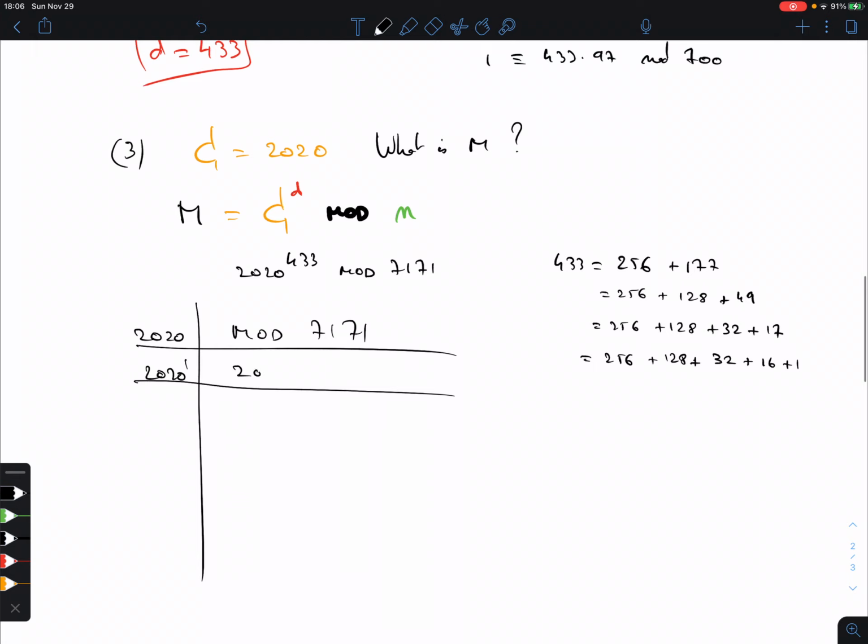That's of course just 2020. 2020 squared, divided by that. Okay, that is 4,080,400 divided by 7171. That is 569. That's 569 times 7171, and then subtracting, that seems to be 101.